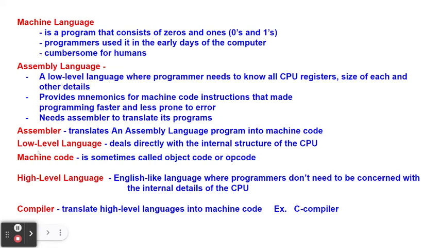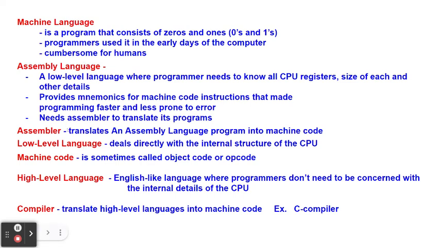And there's another one here, which we call low-level language. It deals directly with the internal structure of the CPU. So assembly language is an example of a low-level language. From machine language, it becomes a low-level language like assembly language.